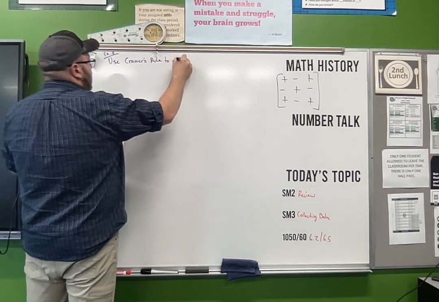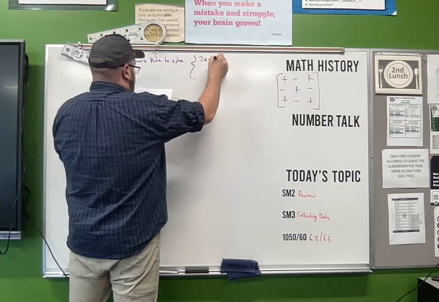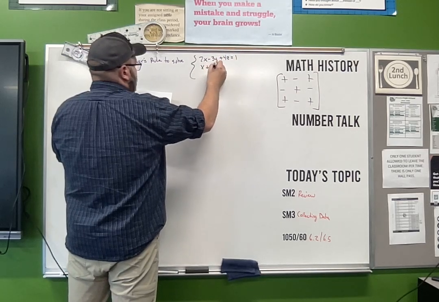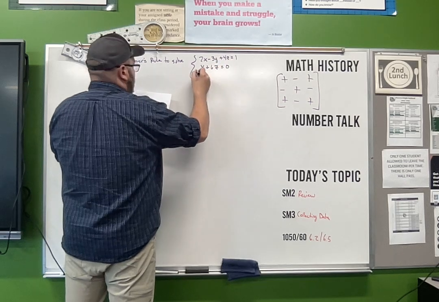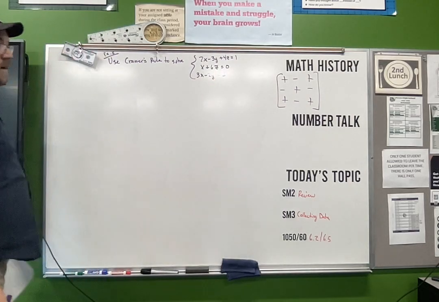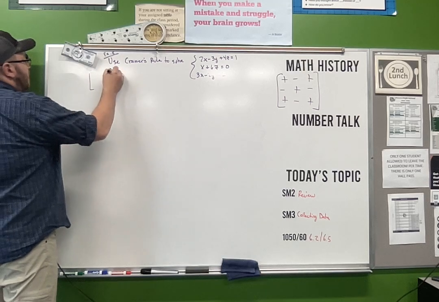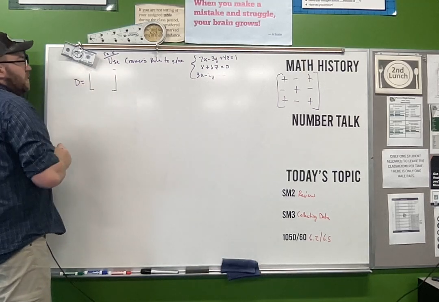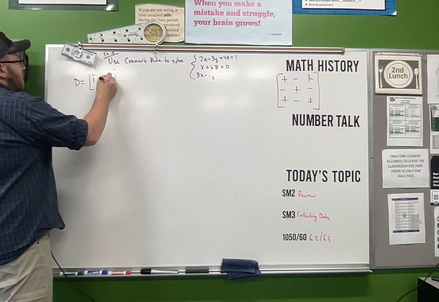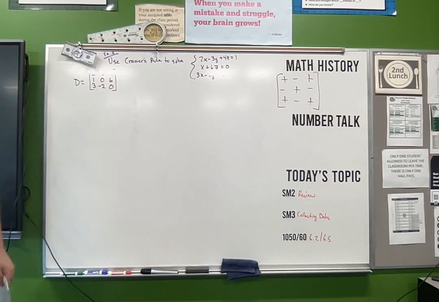To solve, and here's our system: 2x minus 3y plus 4z equals 1. x plus 6z equals 0. 3x minus 2y equals 5. So we've got to figure out what the matrix D is. Remember, matrix D is the coefficient matrix. So that's 2, -3, 4, 1, 0, 6, 3, -2, 0.